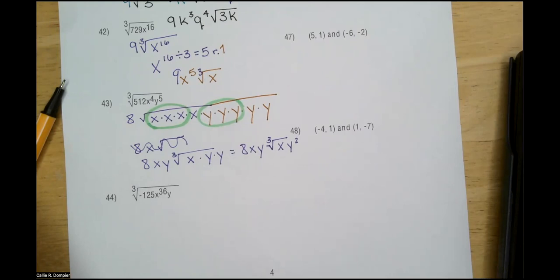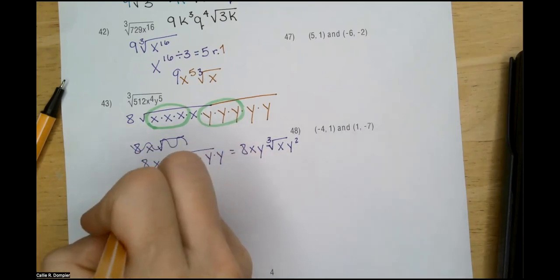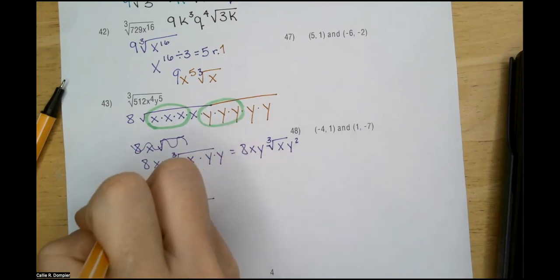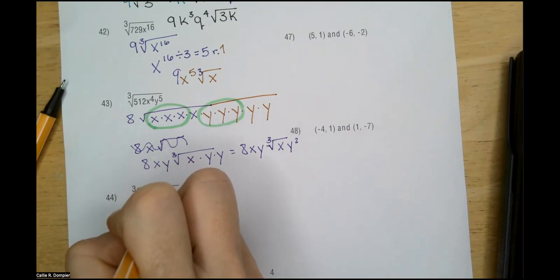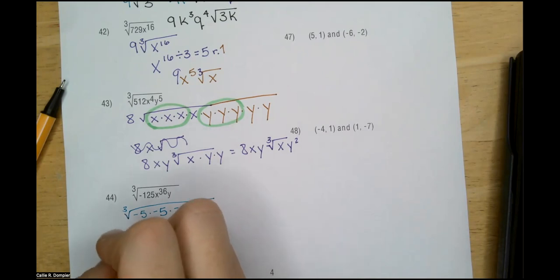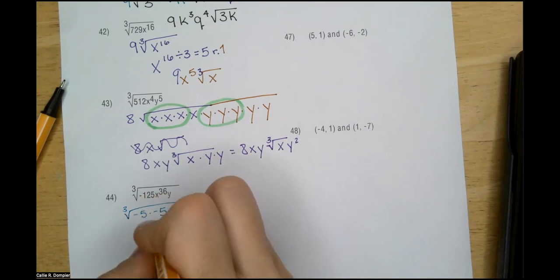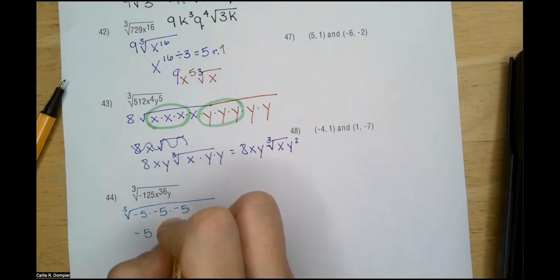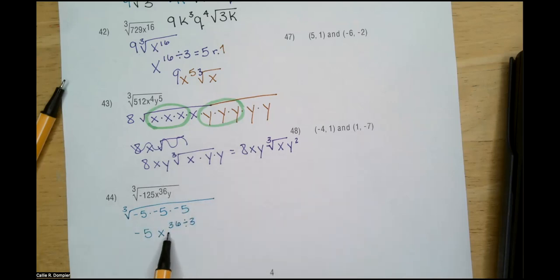So the cube root of negative 125 is -5 times -5 times -5, right? So those come out as -5. And then x to the 36 divided by 3, right? We're going to do the division formula because I don't want to write out 36 x's.